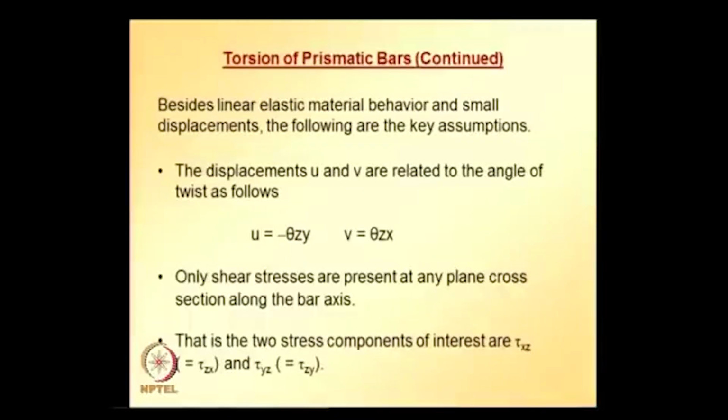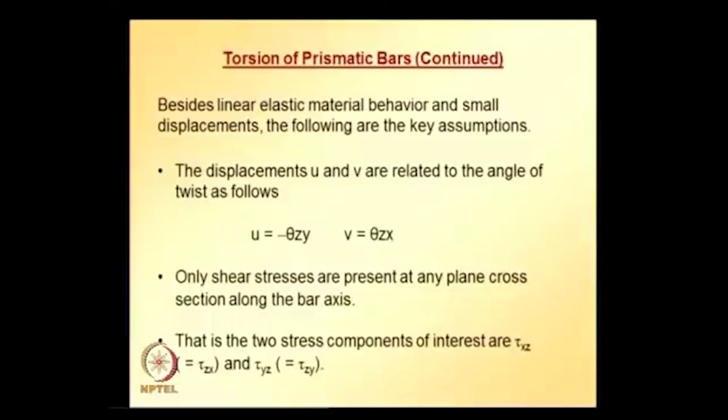Besides linear elastic behavior and small displacements, the following are the key assumptions. Displacements u and v are related to the angle of twist. Angle of twist is indicated in the figure, and the displacement along x direction and displacement along y direction are related to the angle of twist theta via these two equations.